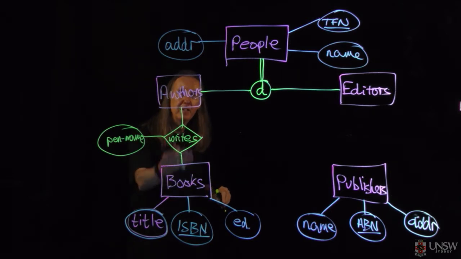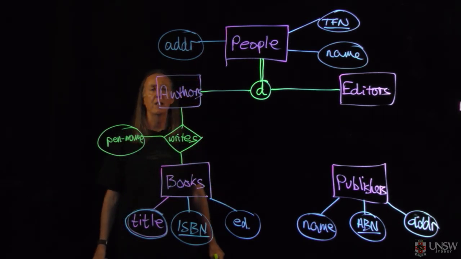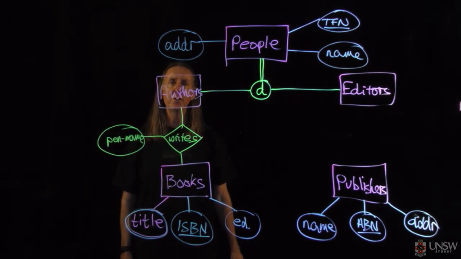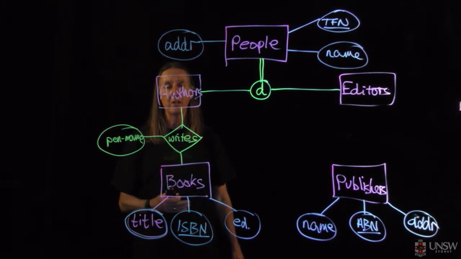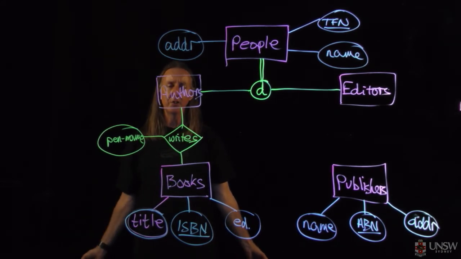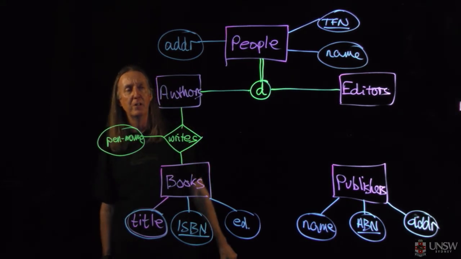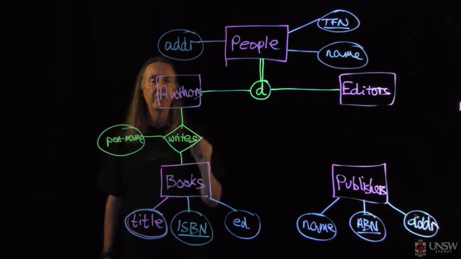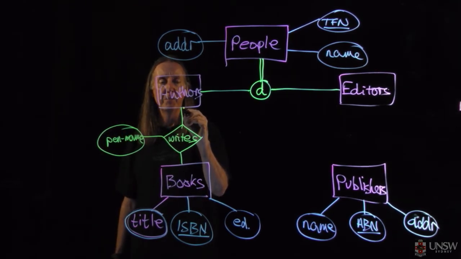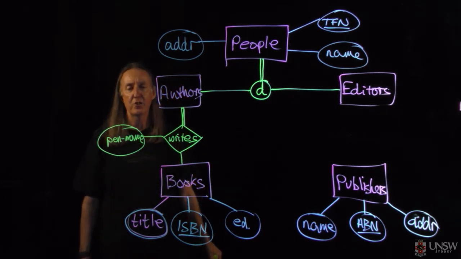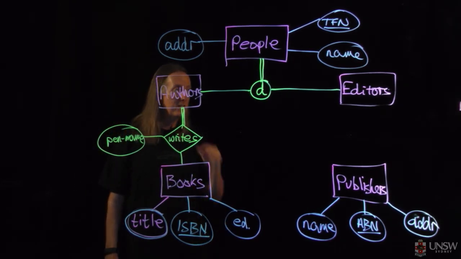So when this author wrote this book, they used this particular pen name. As far as authorship goes, in the initial requirements, it said that a book may have 0 authors. It may be published anonymously. So a book won't necessarily have a relationship to any authors. However, it would be a bit strange if an author hadn't written a book, so there'd be a total participation constraint there. Well, there should be.